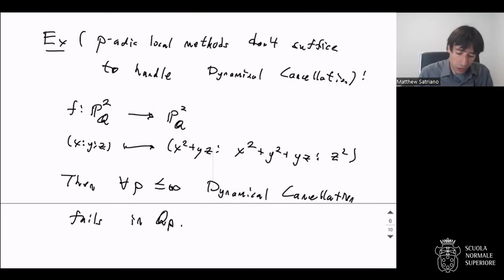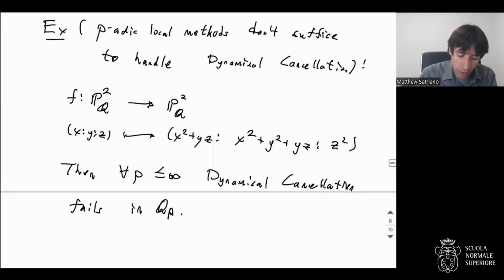So it's just not good enough. You can't just choose a good prime and consider a model and then try to reduce to a local statement.